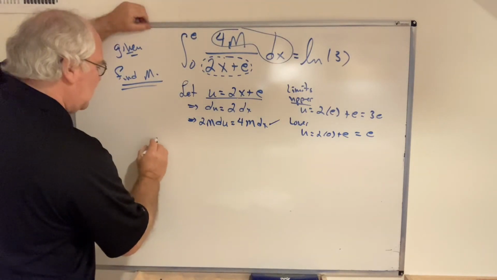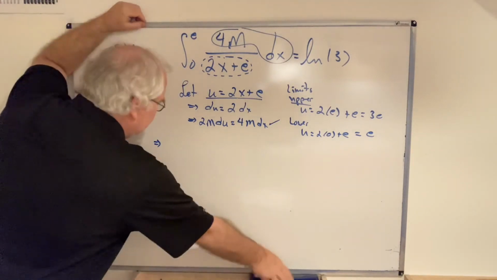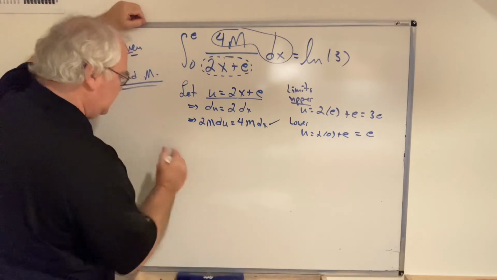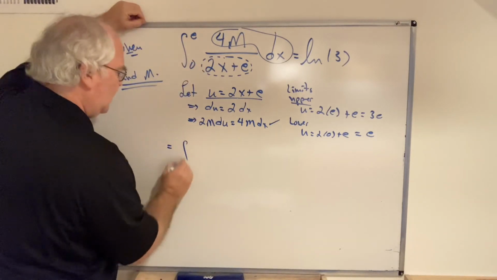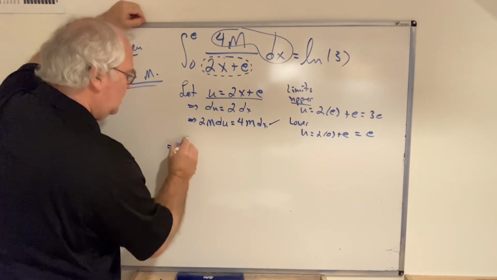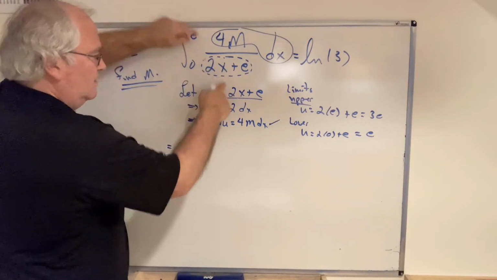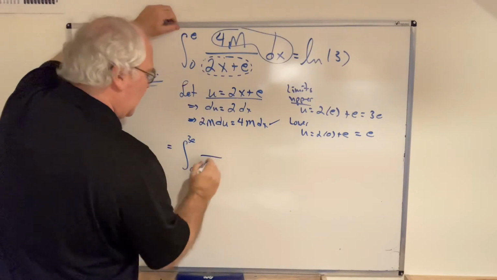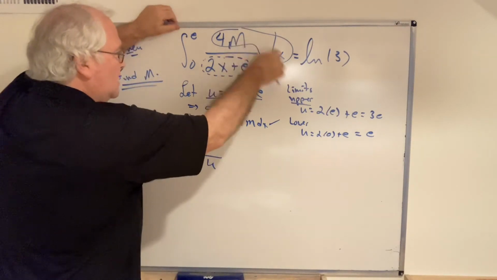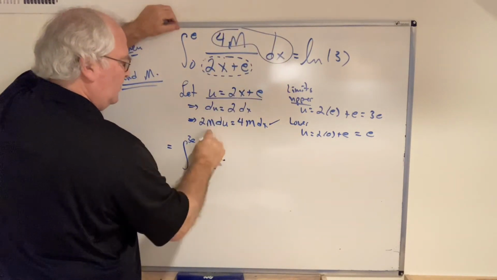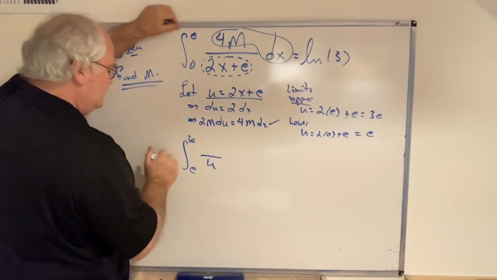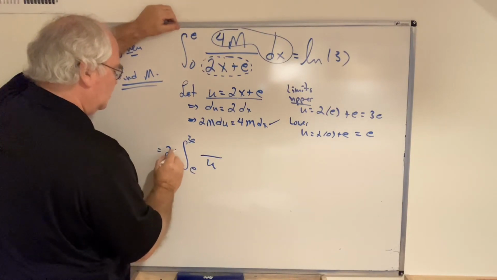So now we can substitute, and this implies that this is now equal to, by the substitution, the integral from e to 3e, and this is the value u that's in the denominator. This entire expression is the differential. I need 2m. I'm going to put this constant multiplier out front.